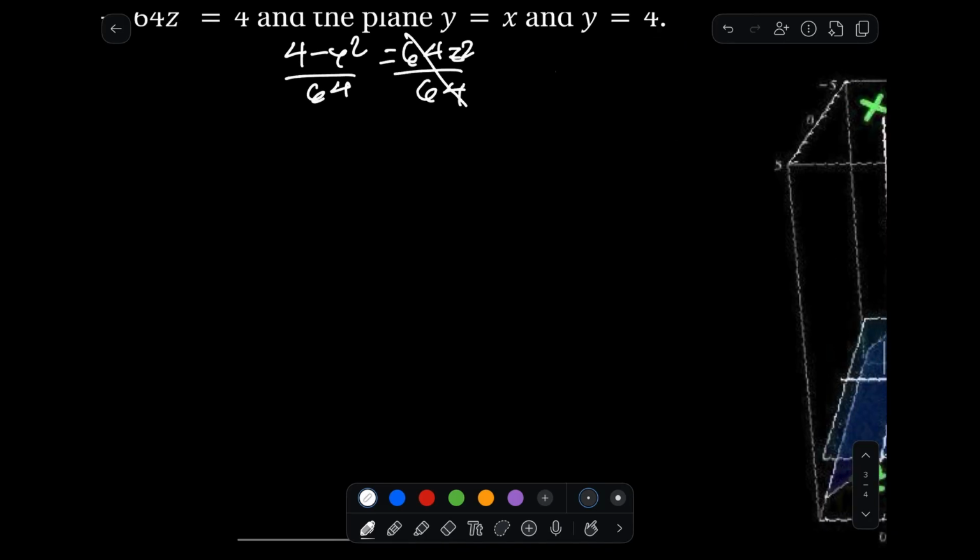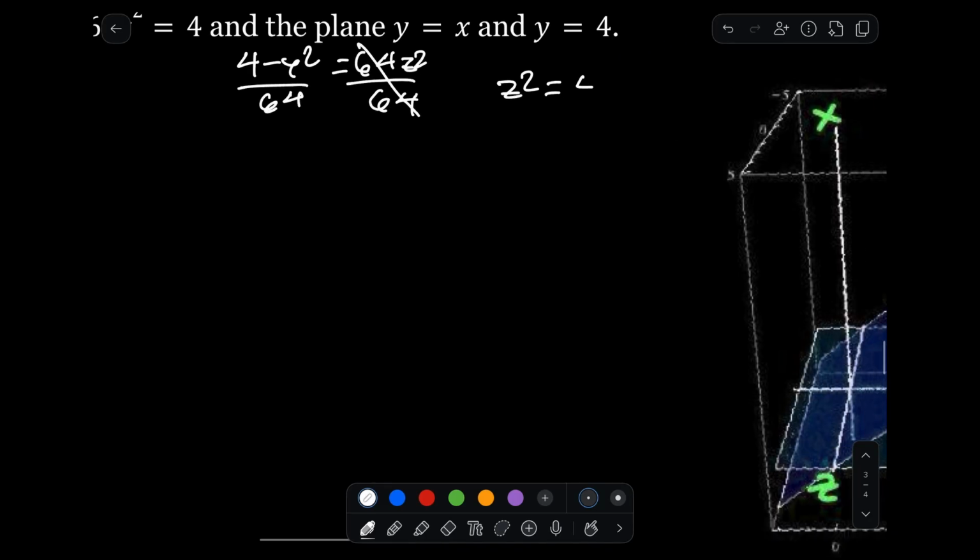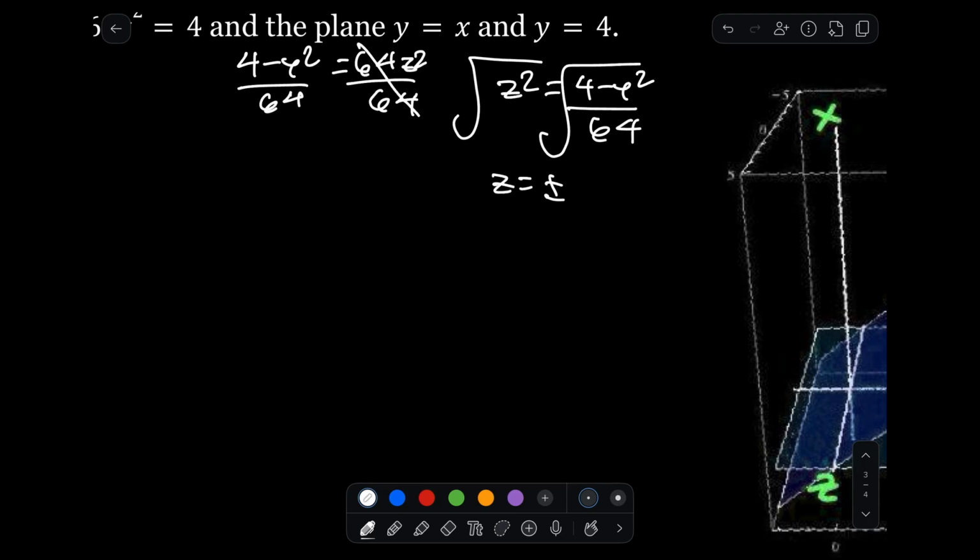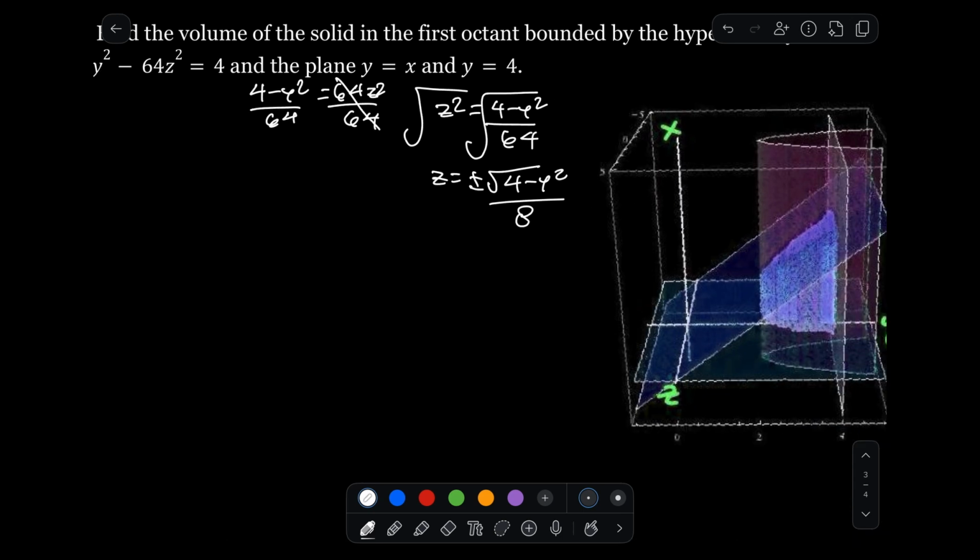And then we get z squared equals 4 minus y squared all over 64. And then we take the square root of everything. We get z equals plus or minus the square root of 4 minus y squared, all over 8. That's our z.